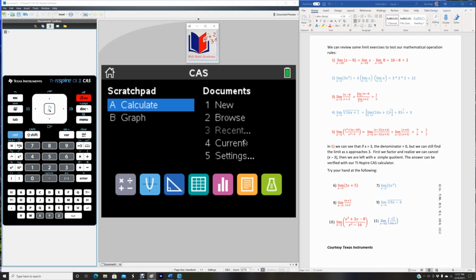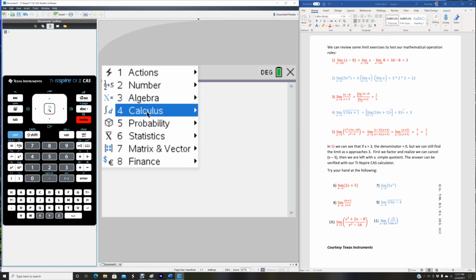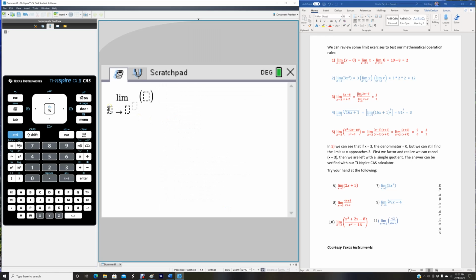Now we can check that answer with our TI-Nspire CAS calculator. Over here, we just open up a calculate scratch pad, and we go to menu, 4 for calculus, 4 again for limit, and we just plug in the values.